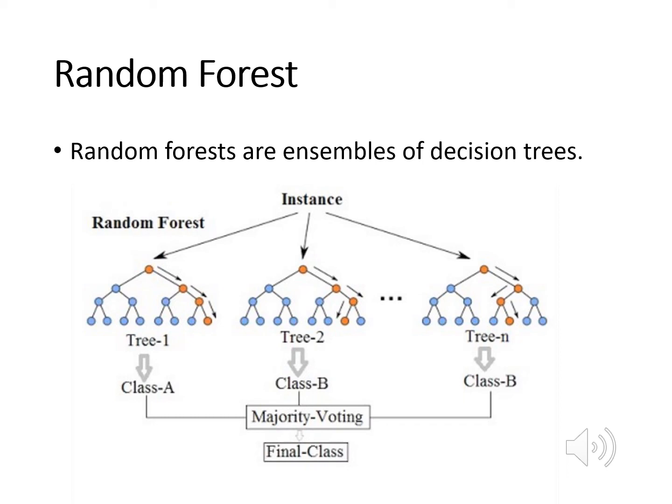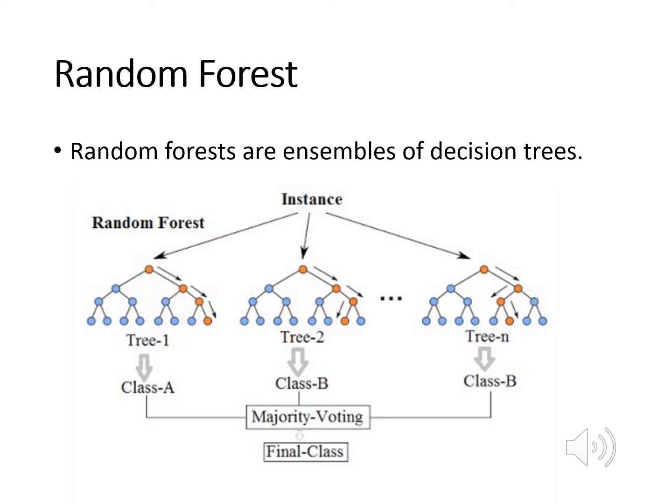If this is a classification problem, then the predictions are aggregated using majority voting. For example, if we have 3 decision trees in the random forest, one of them outputs class A for an instance, and the other 2 output class B for this instance.